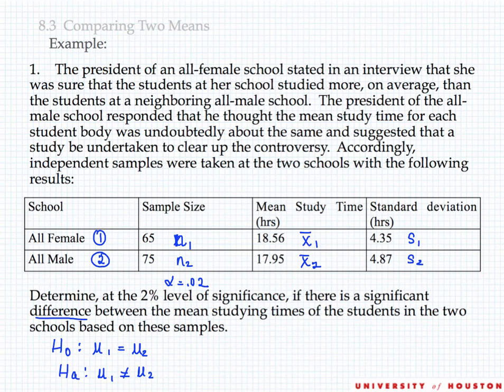Now since we have a not equal, this is a two-tailed test, so I'm going to draw over here my little standard normal curve with both tails shaded. We have an alpha of 0.02, so since we're splitting that into two tails, each tail would be half, 0.01.